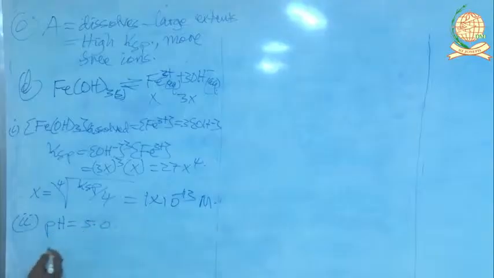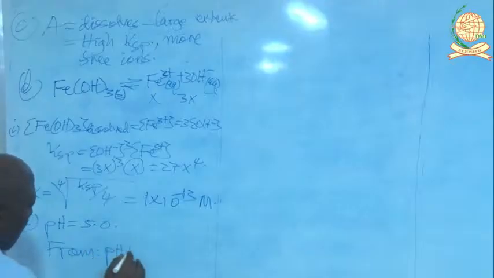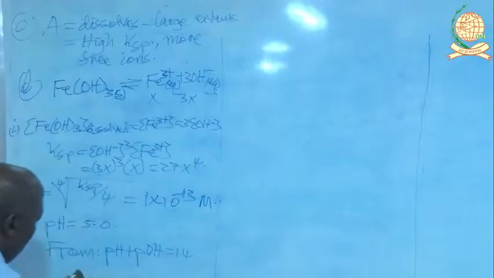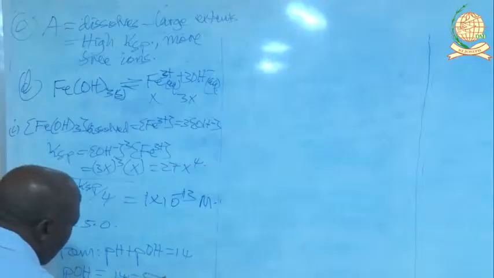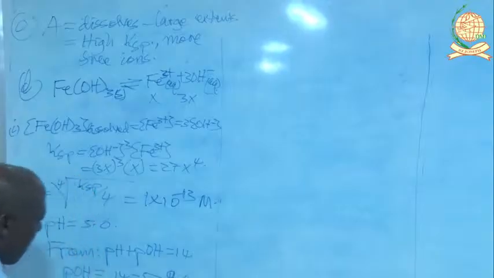Then for this one, first you calculate the hydroxide ion concentration from the formula pH plus pOH is equal to 14. So pOH is equal to 14 minus 5, which gives us 9.0.